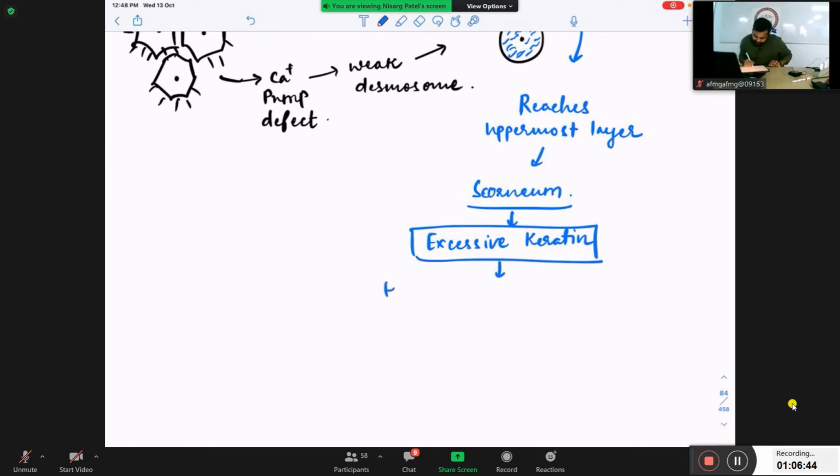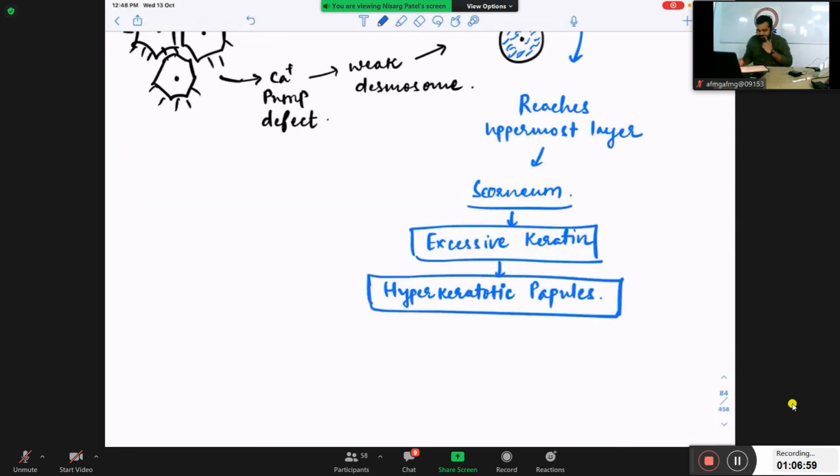So what will be the patient's complaint? Doctor, I am having papules on my body. These are hyperkeratotic papules. Patient will present to you because of the hyperkeratotic papules.